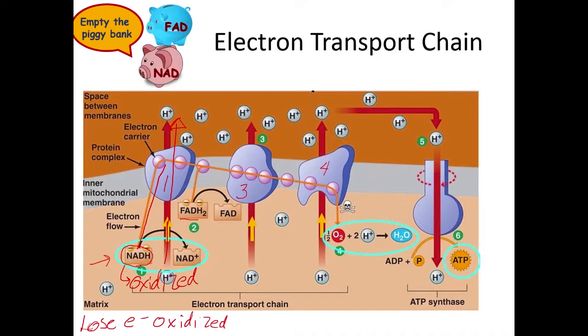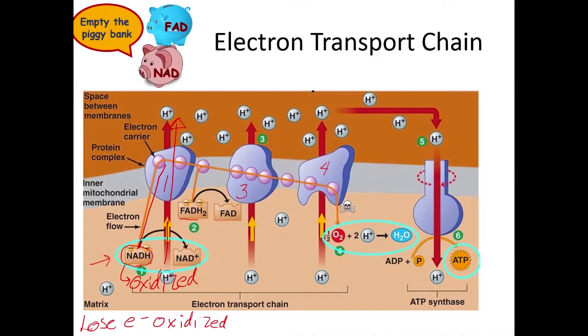So for every NADH that interacts with this complex, the NADH gives up its electron, and a hydrogen ion is pumped through from the matrix into the inner mitochondrial membrane space.